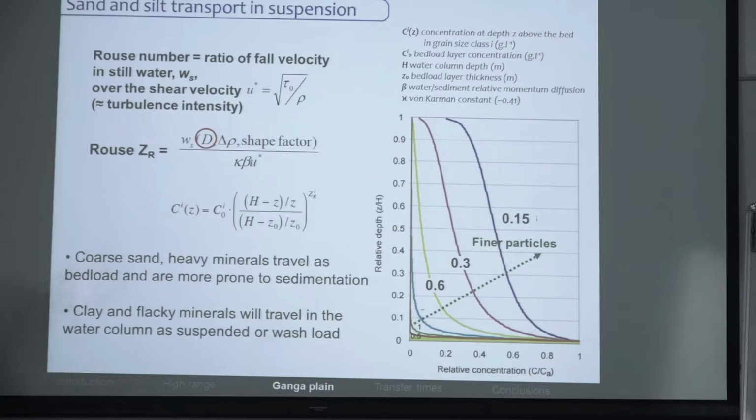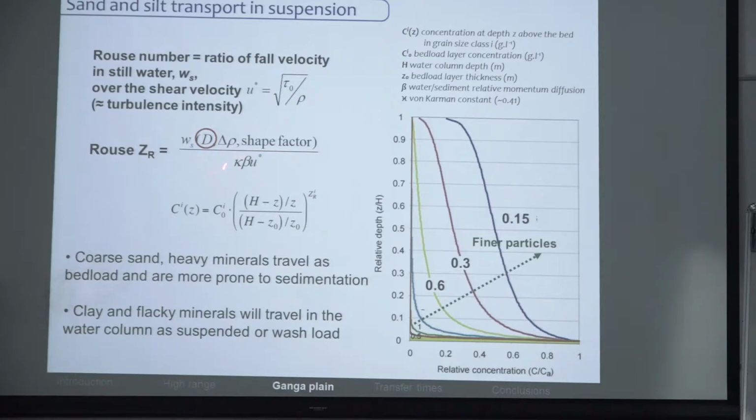So commonly this suspension is described by what we call a Rouse number. This is a non-dimensional number, which is the ratio of the settling velocity over, I would say, some shear velocity, which is some kind of index of the turbulent intensity. If the shear stress in your river is high, so the shear velocity and the turbulence is high, the transfer of momentum from the fluid to the grain to maintain it in suspension is high.